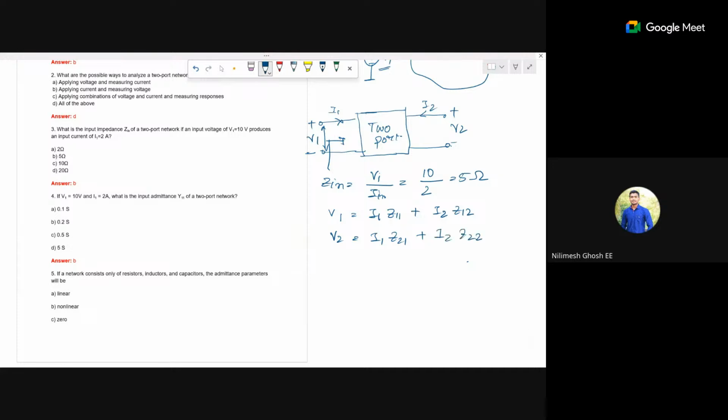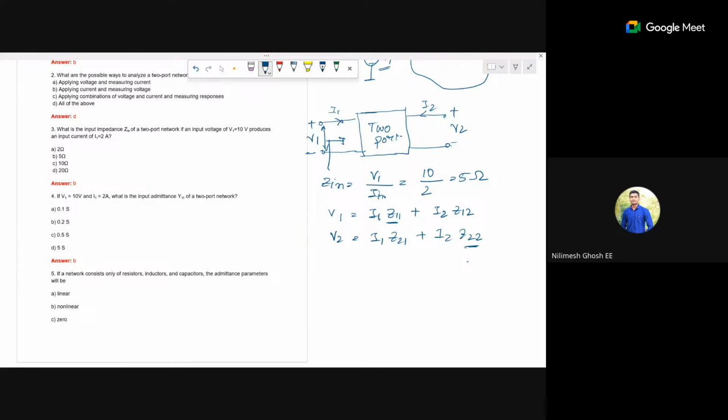Generally, if the input and output ports are open circuited, the Z11 and Z22 terms are respectively the input impedance and the output impedance.